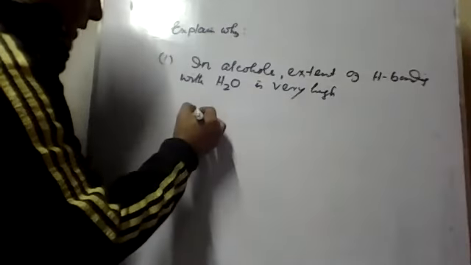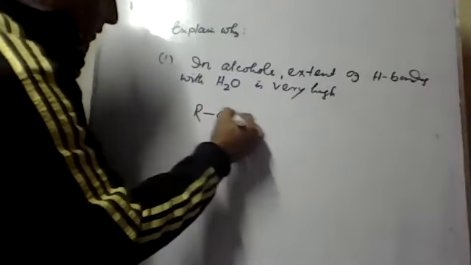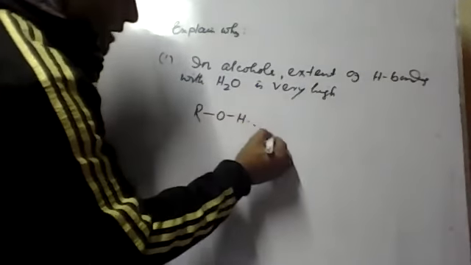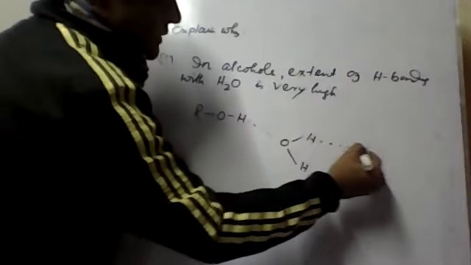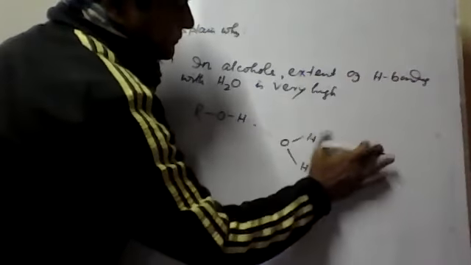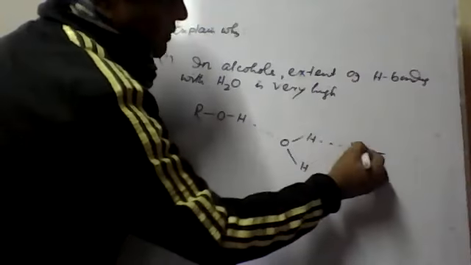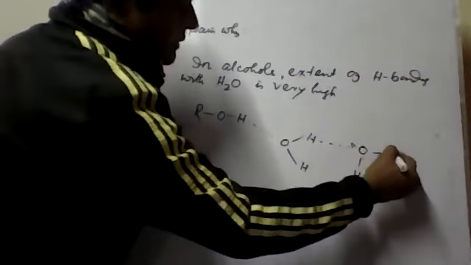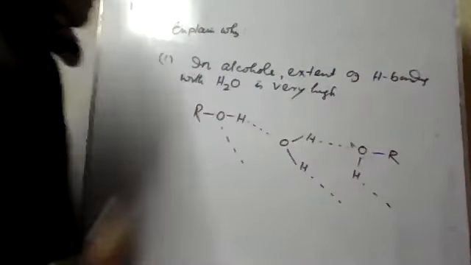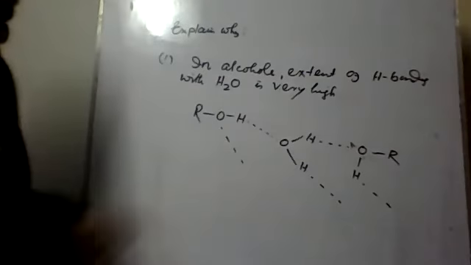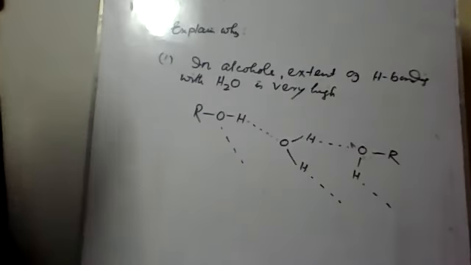So the alcohol ROH has unlimited hydrogen bonding with water, so it can be more associated with water. Because here a polar hydrogen atom is present.